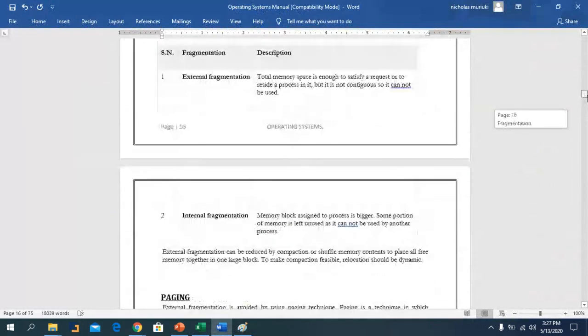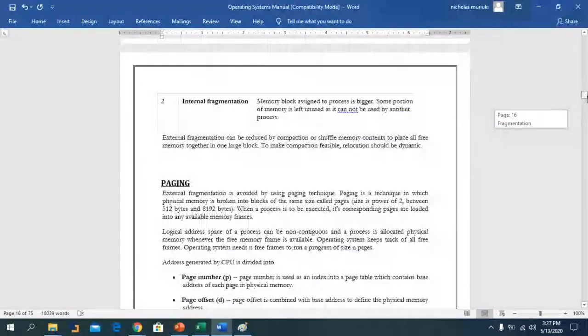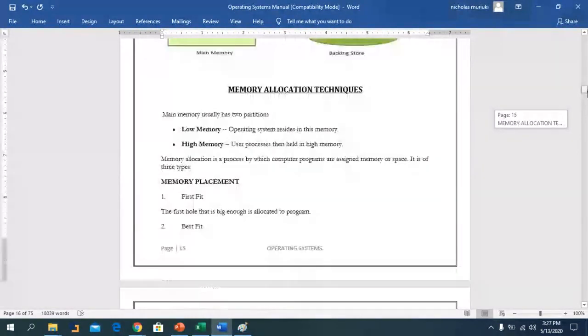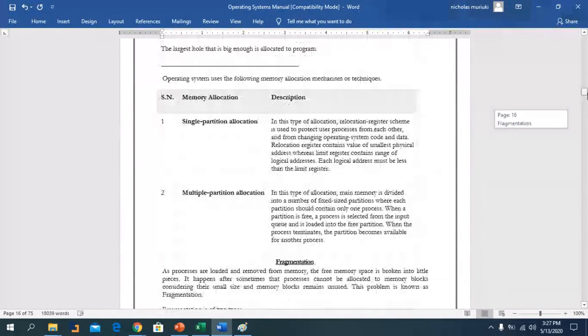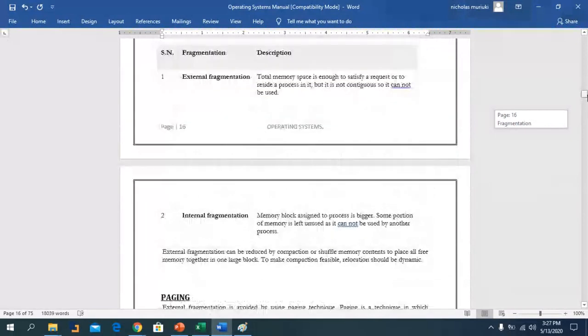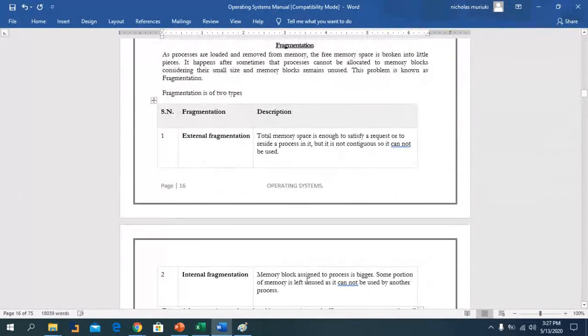And because we have a diagram here, remember we were talking about internal and external fragmentation. We have said internal fragmentation is when the memory block assigned to a process is bigger, some portions of the memory are left unused, and they cannot be used by another process.